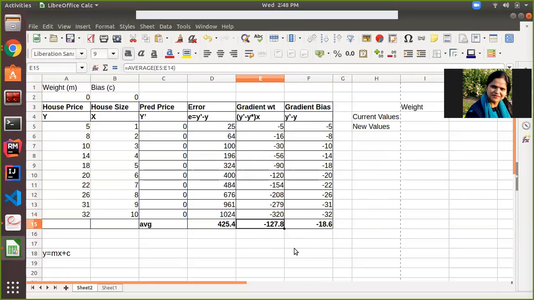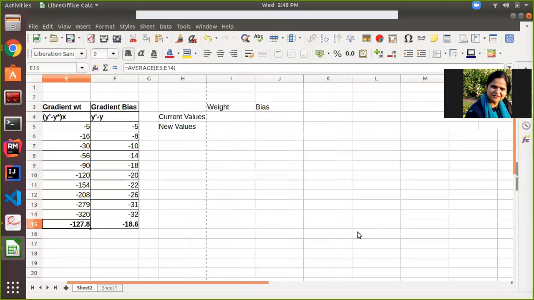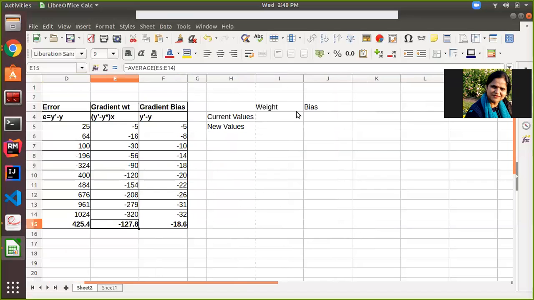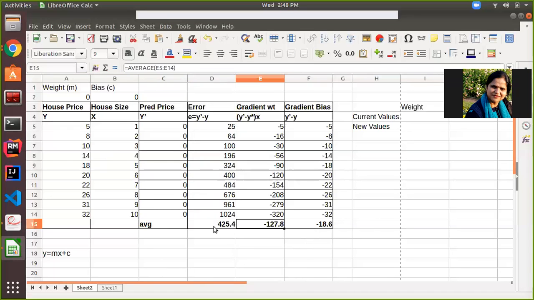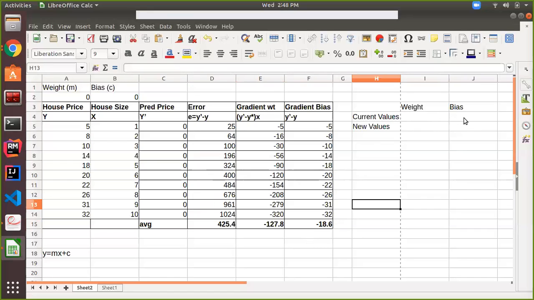So once calculating this, what we will do, we will keep on changing the value of weight and bias, and we repeat these steps until we get the minimum error approximately equal to 0. So let's suppose that these are our training weight and training bias.